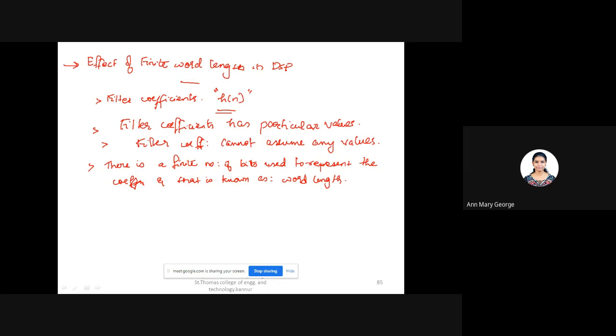Okay, we can represent the filter coefficient h of n using bits. The number of bits used to represent those coefficients is known as the word length. Have you understood this much? മനസ്സിലായോ ഇത്രയും വേർഡ് ലെങ്ത് എന്താന്നുള്ളത്?